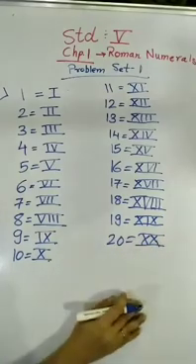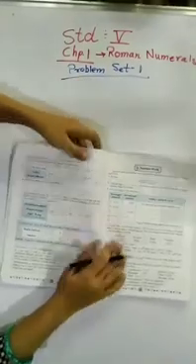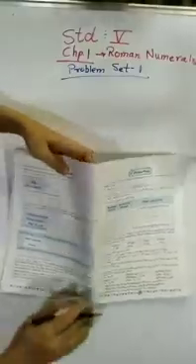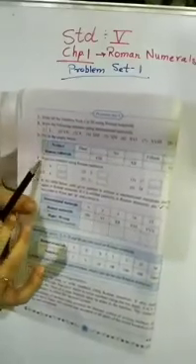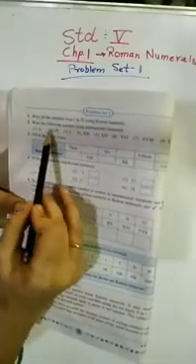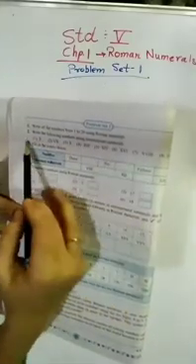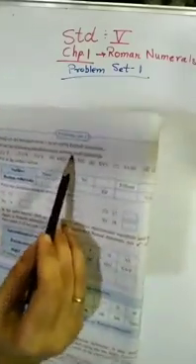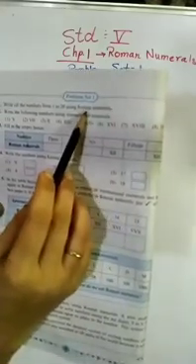Okay, is it clear? Now we will move to the second question. This question number 1 is over. Now move to the second, third and fourth. Here Roman numbers are given, then you have to convert them into international numerals. That I already showed in question number 1.